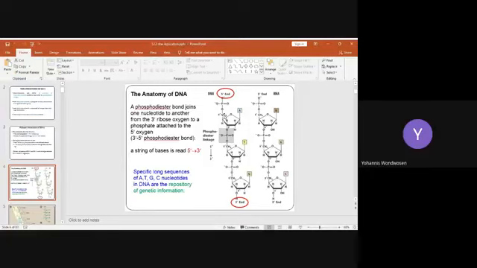As usual, the fifth carbon is bonded with the phosphate group, so that's why we call this the 5' end. The other end, which has the capacity to form the phosphodiester linkage, is the 3' end. It has an OH group, and if it is free, you can call it a 5' end or a 3' end.